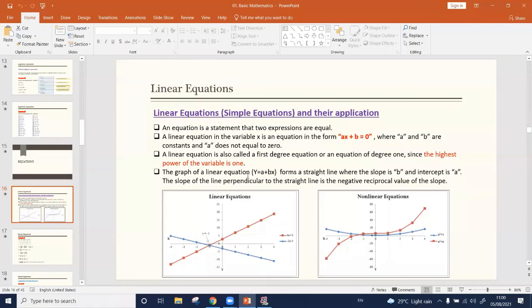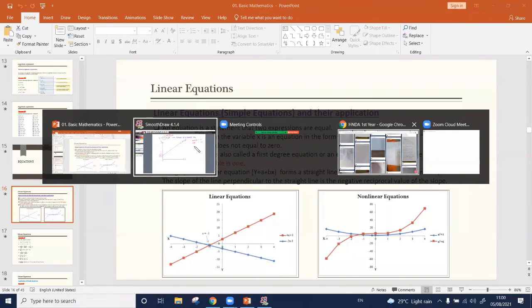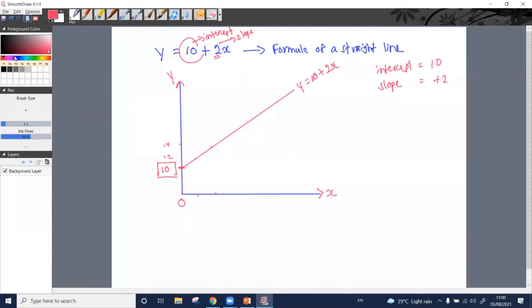So here, I wanted to explain this. The slope of the line perpendicular to a straight line is the negative reciprocal value of the slope.